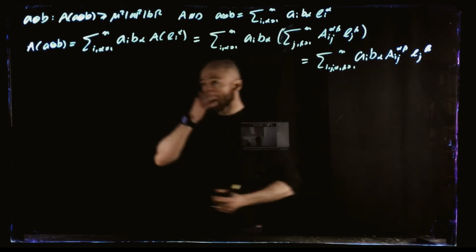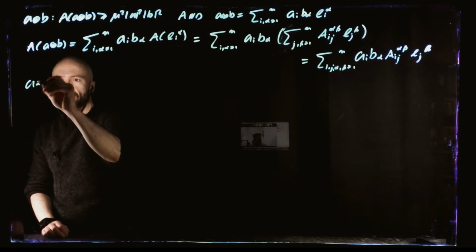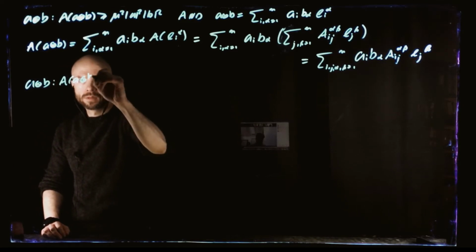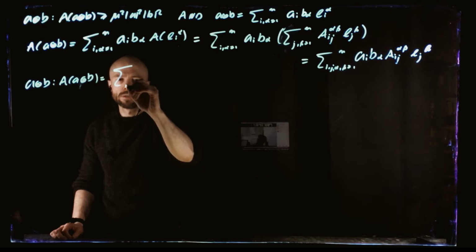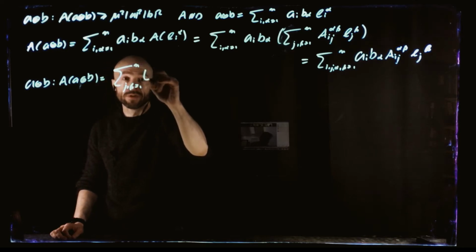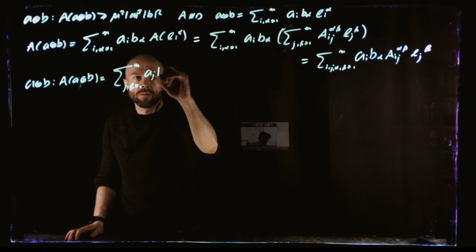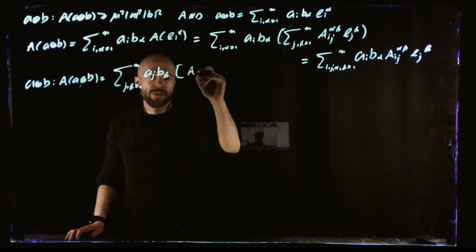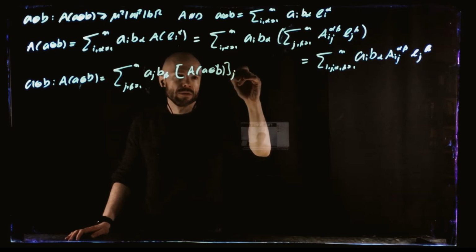Cool. So when we do this tensor product like this, or when we do this matrix dot product like this, then we have that A cross product B, let's do this one step at a time, is the sum j beta equals 1 up to n of Aj beta B times the jB entry of this guy.